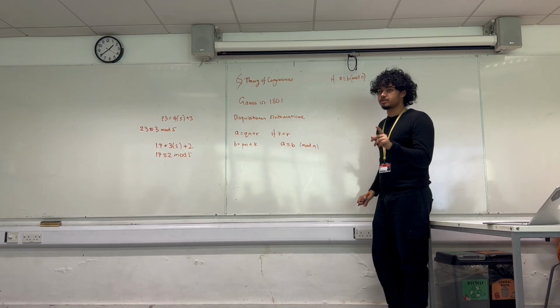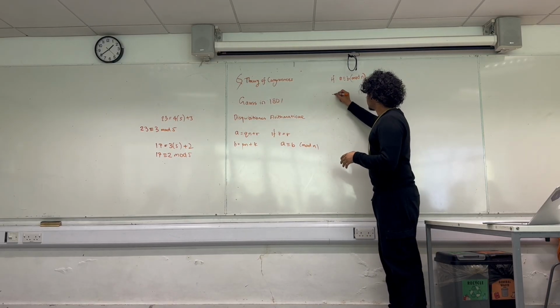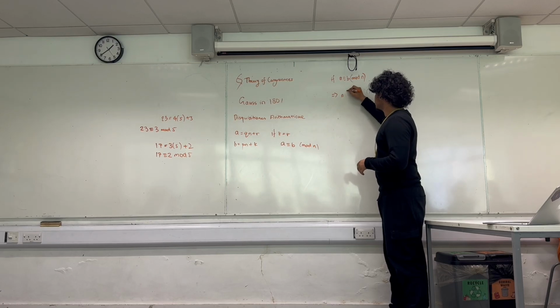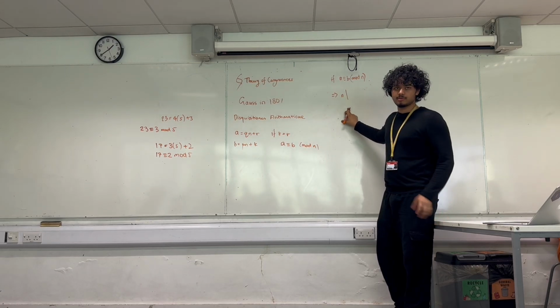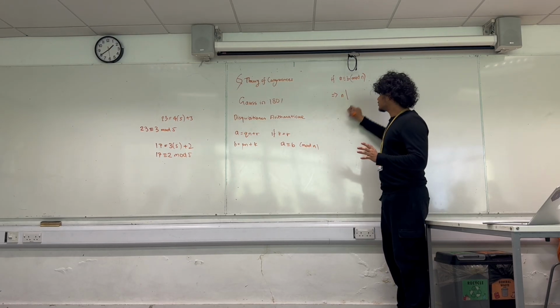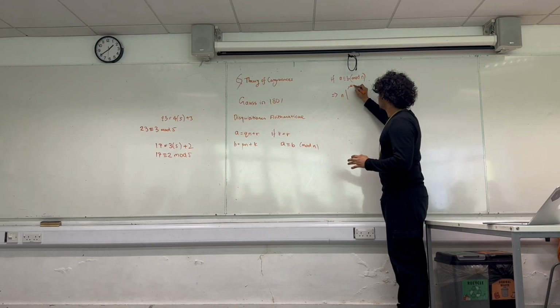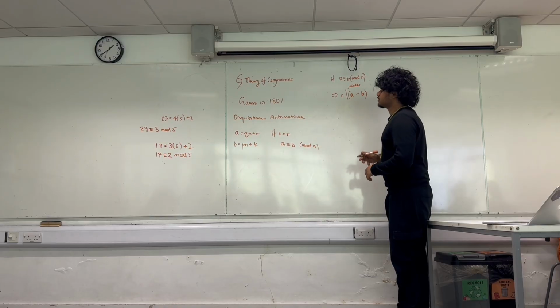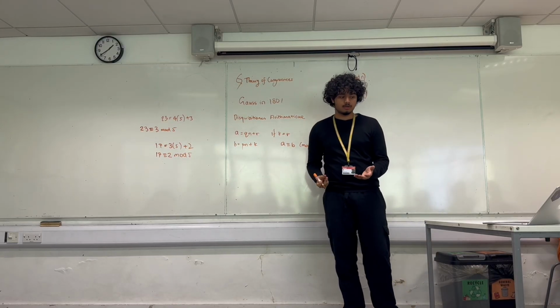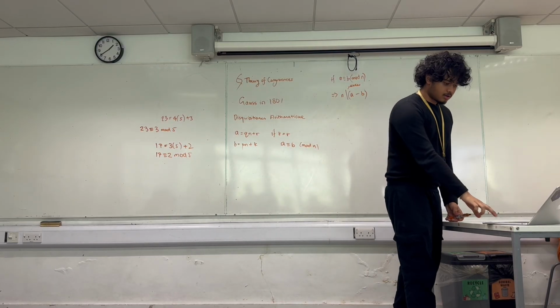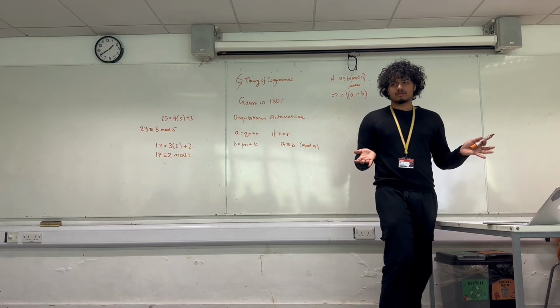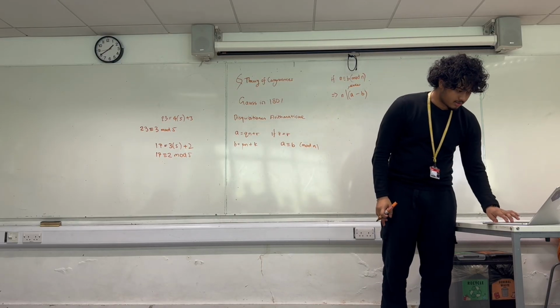I'm going to talk about one of them, which is dividing the difference. This implies that n divides a minus b. People have seen this symbol before? If anybody hasn't, it just means it divides. a minus b is just the difference between those two integers. That is the very standard definition of that.